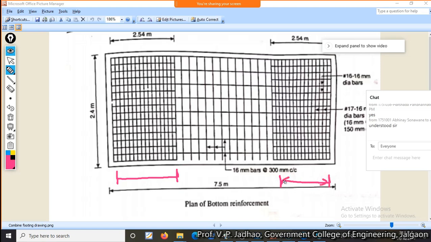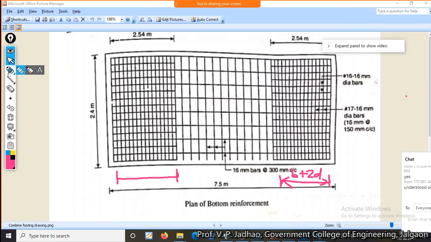The width of this region was B plus twice D. So this reinforcement was required to be provided for this region of B plus twice D only. Again, in this region also we have to provide, this was B plus twice D.